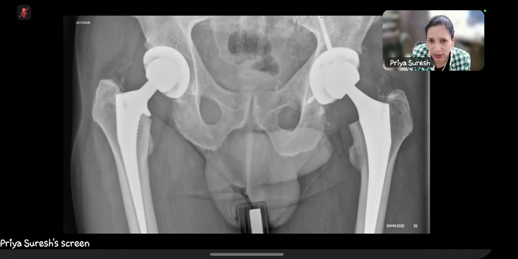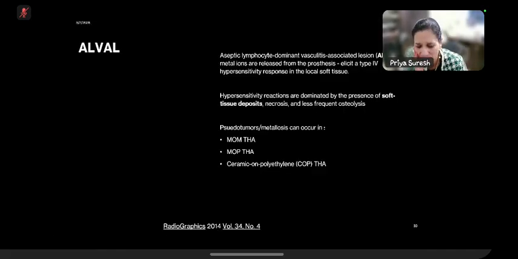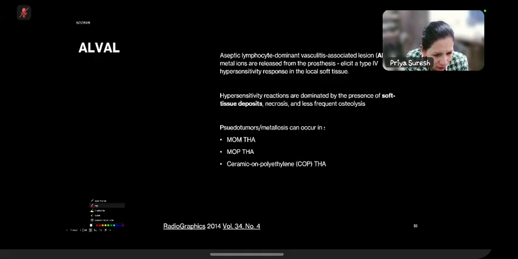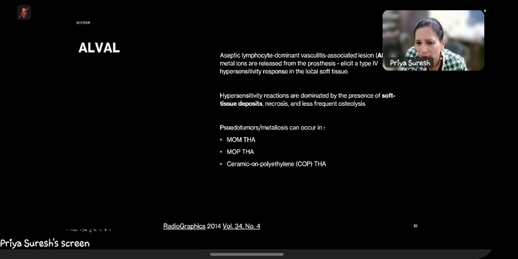Okay, so now going to these terminologies, what are we looking for? You would have heard about ALVAL. It is nothing but a type 4 hypersensitivity response. That's the response that you're looking for, and that's what causes the soft tissue changes. What happens is you get these tissue deposits.